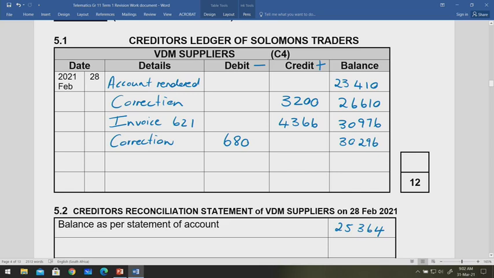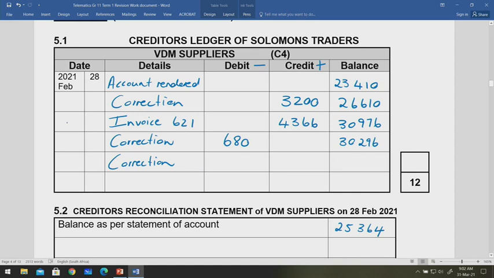2.4. EFT 2041 for 6,260 issued to VDM suppliers was incorrectly recorded in the CPJ. Again, we made the mistake. We issued an EFT, but in the CPJ, we recorded the incorrect amount.